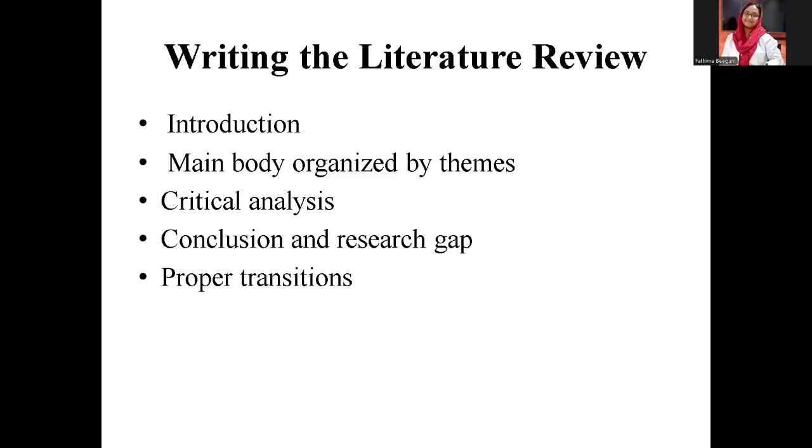Then why the treatment of diabetes is important. Then you transit into the plant. This plant has so many activities, but its predominant activity is anti-diabetic, but it is to be explored like that. Proper transitions you have to make.